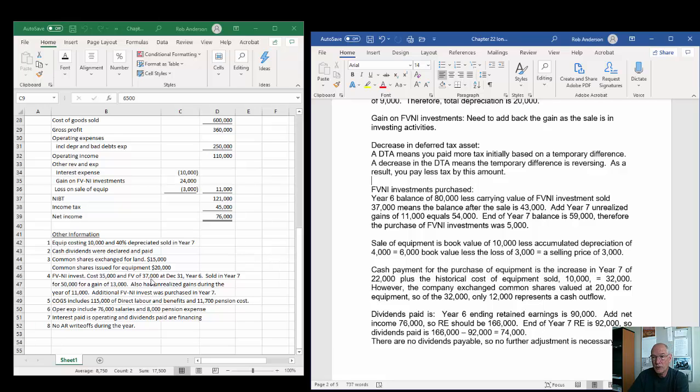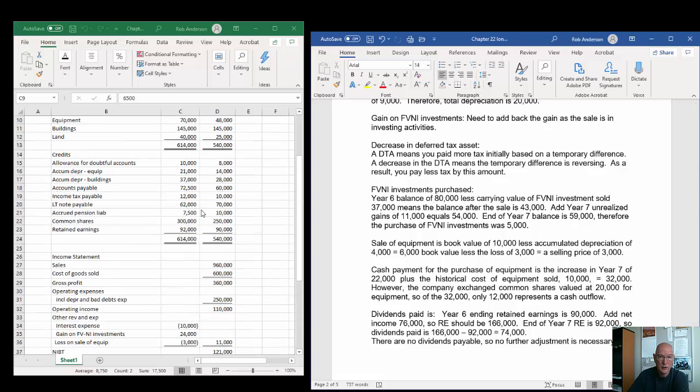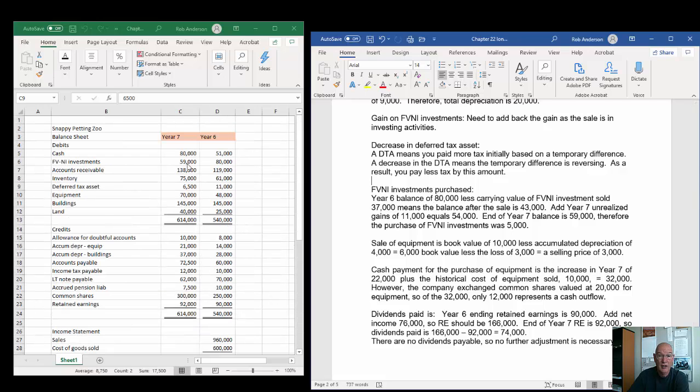Okay, so when you sell those, you have to take them off of your statements. So you're going to credit your fair value net income investments. So we start with our 80 at the end of year 6. We take away the 37, you should have 43. But you don't have 43, do you? We look at this, we have 59.